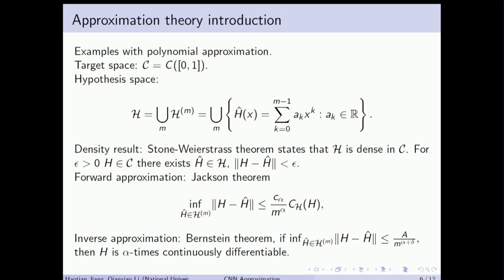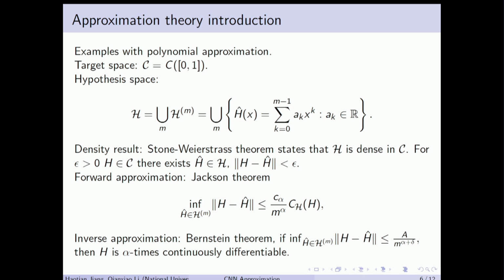So we write the target space as C. For the polynomial approximation, we are considering just the continuous functions defined on 0 to 1. The target space means all the functions we want to approximate, so it's just our targets. Next is the hypothesis space, which we write as H. The hypothesis space considers some simpler functions.